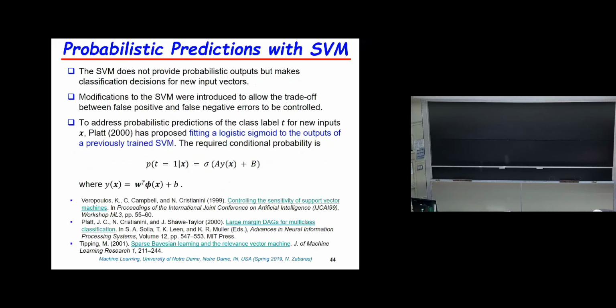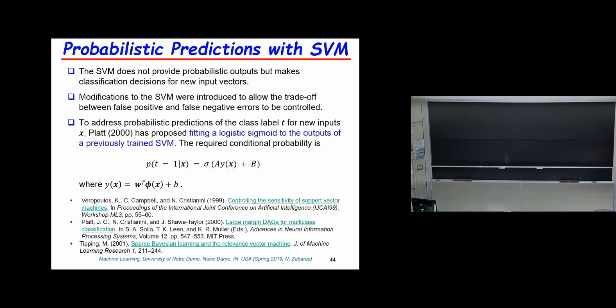I mentioned that one of the limitations of SVM is that there is nothing probabilistic about it. There is a literature on trying to make support vector machines probabilistic, but it is very artificial. If you try to produce a posterior probability of T being in class 1 given any test point X, you can take the output of a support vector machine, that I call here Y of X, and pass it through a sigmoid.